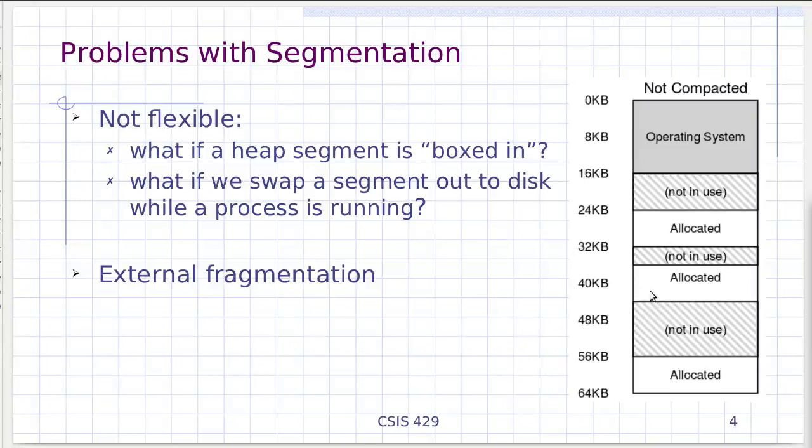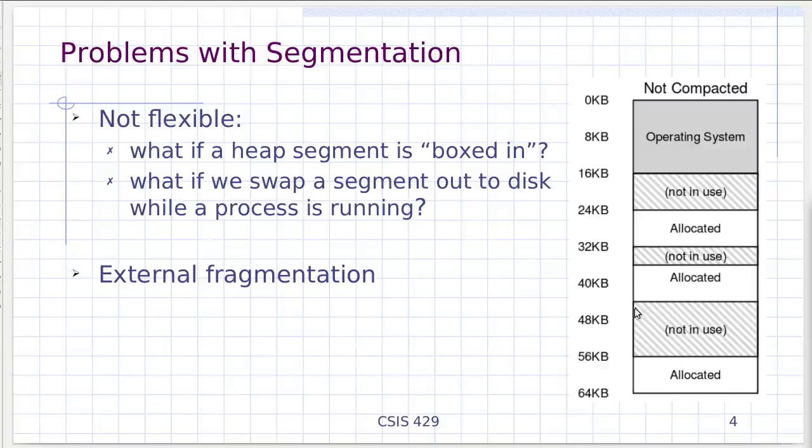But the main problem, the really big problem, is external fragmentation. The problem there is that you allocate a whole bunch of chunks, and then pretty soon what you'll end up with is a lot of small areas of memory that are not in use but mostly allocated.